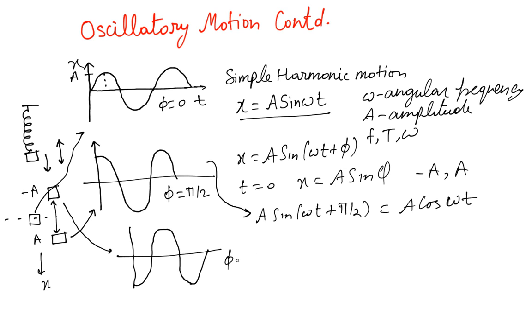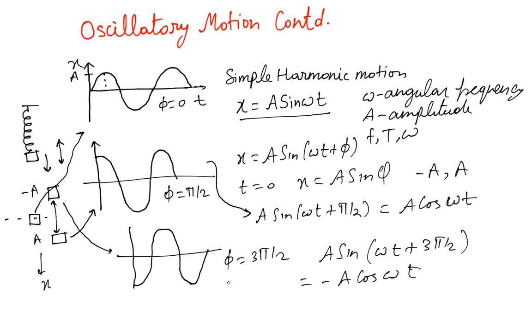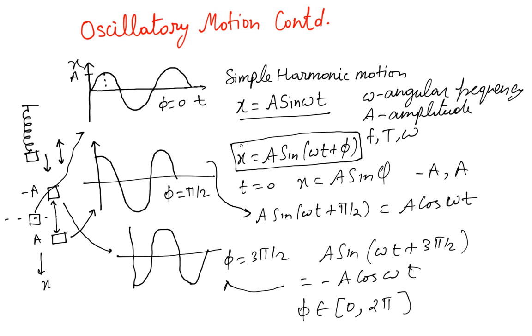In this case, phi is 3 pi over 2, because a sine omega t plus 3 pi over 2 is going to be minus a cos omega t, which is this motion, and anything in between also. Phi can be between 0 and 2 pi. So this is the most generalized equation of a simple harmonic motion. The simple harmonic motion follows this equation, and this is the most general equation for that.